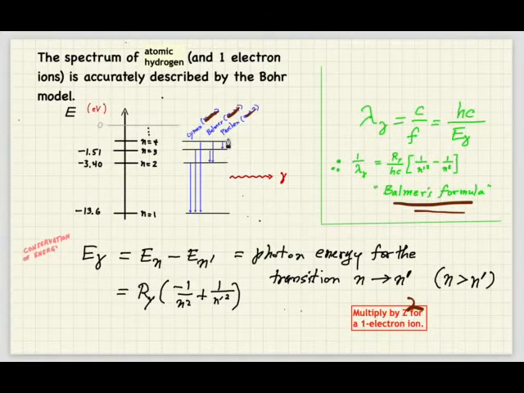Finally, here's another series where the final energy level is n prime equals 3. So you can have the transition from n equals 4 to n equals 3, or n equals 5 to 3, or 6 to 3, and so on. That's called the Paschen series, and these are infrared. So these transitions have high energy.